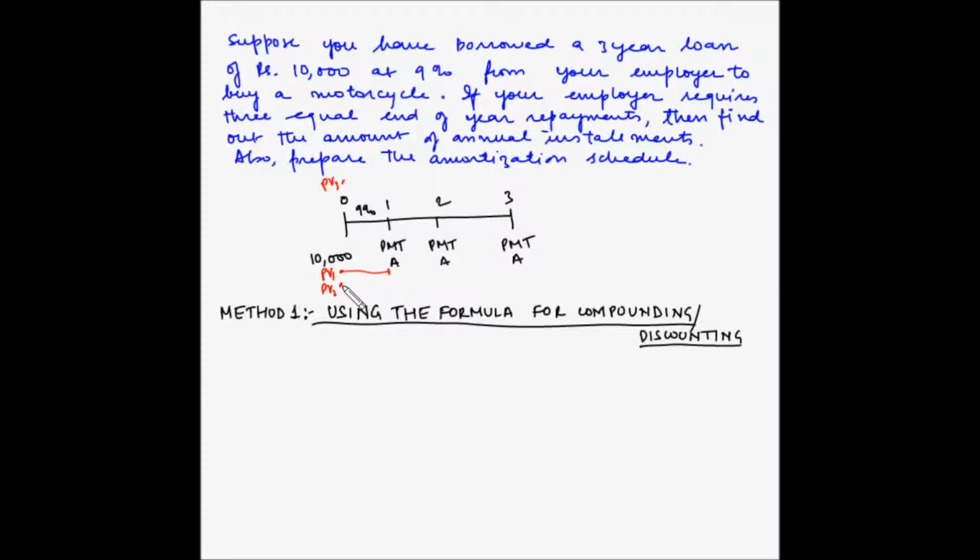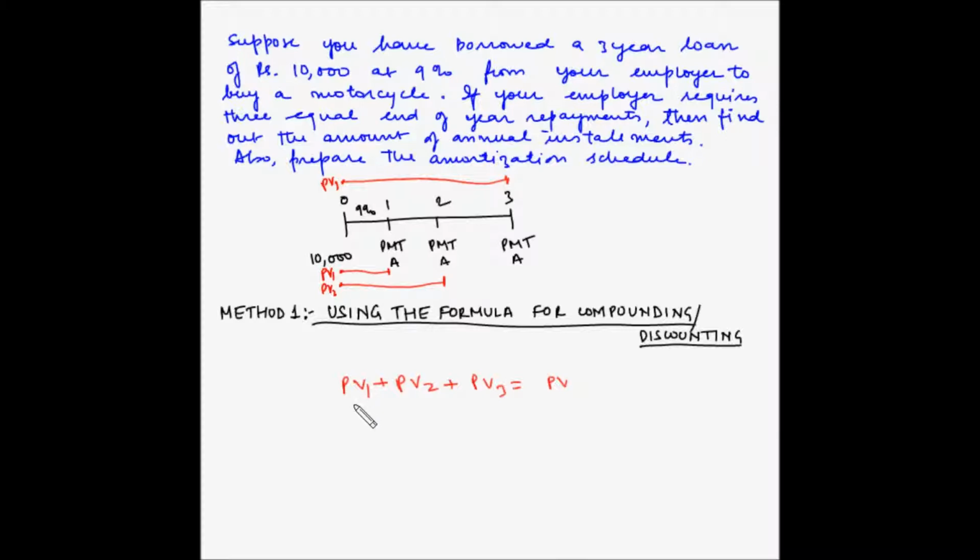The second PV, that is PV2, is going to get converted into the second installment of payments, and this PV3 is going to get converted into the third installment of payments. So basically PV1 plus PV2 plus PV3 is equal to PV, and this PV is nothing but 10,000 rupees.